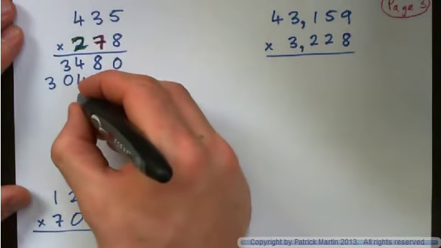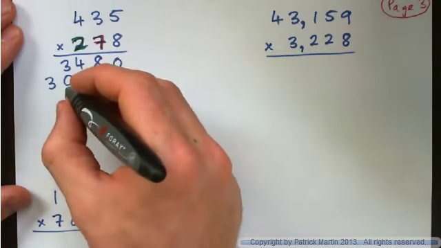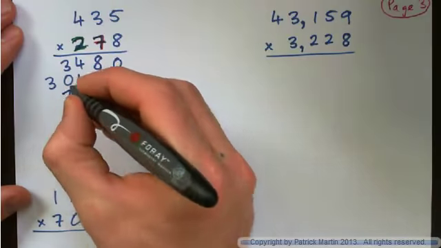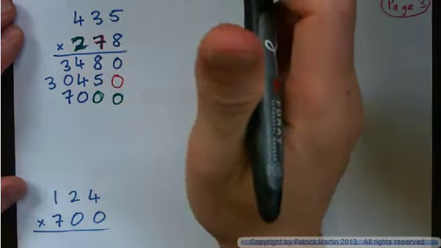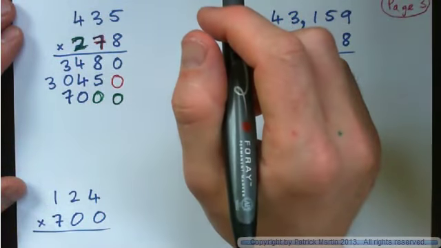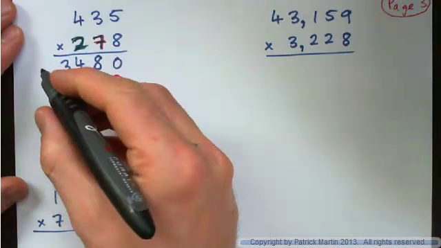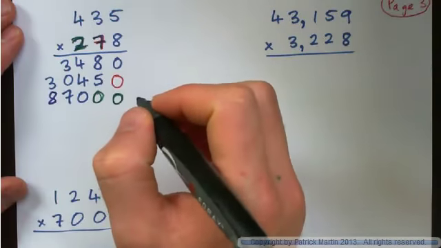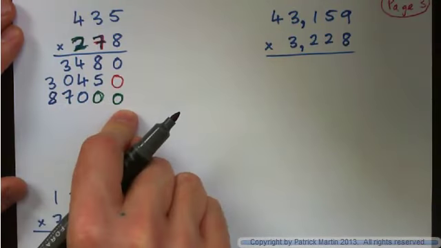So 2 times 5 is 10, carry 1. 2 times 3 is 6, and 1, 7. And 2 times 4, 8. And again, this is 200 times 400, which is in fact 80,000. So we have 87,000 overall here.